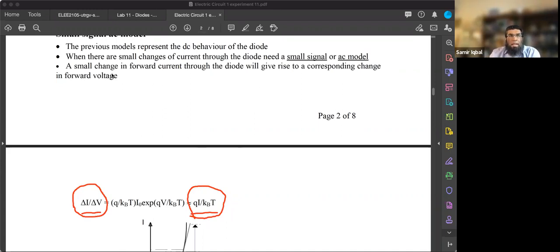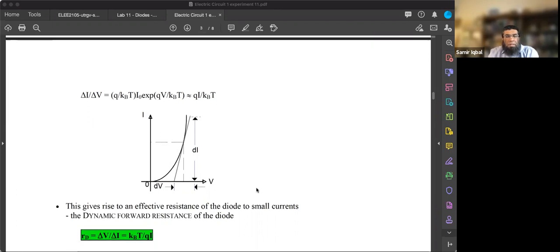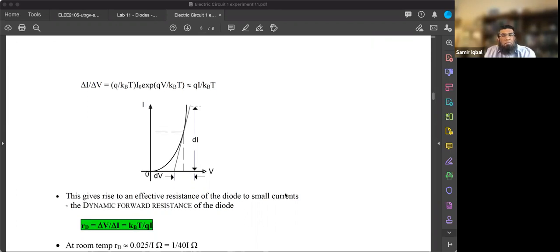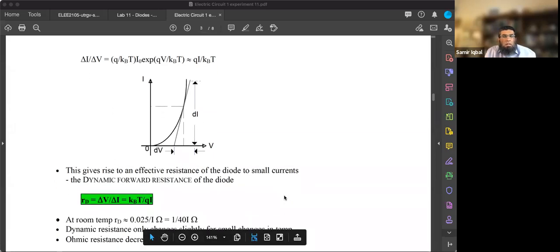And if you model that, that behavior looks like this. So for a small change in voltage, you have a small change in current, but that value of current is divided by a factor of 26 millivolt. So we call this dynamic forward resistance because this depends on how much current is flowing through it.